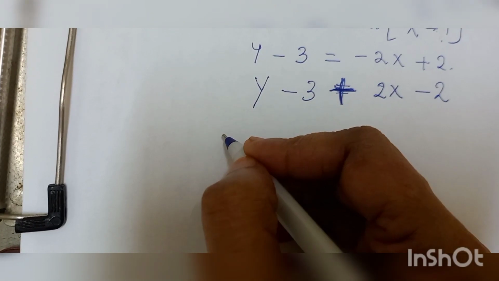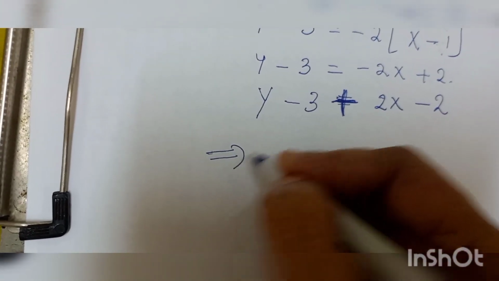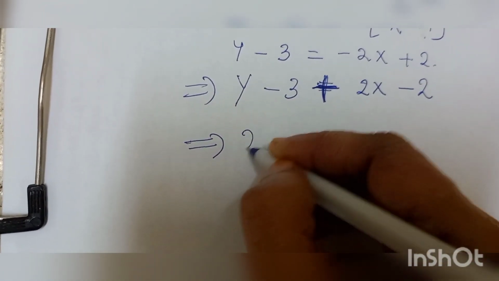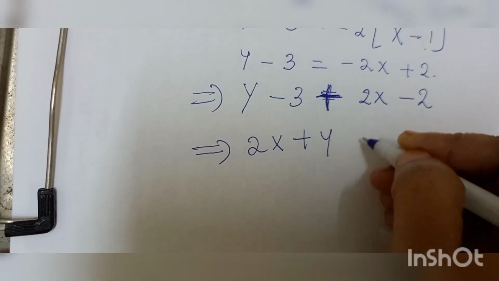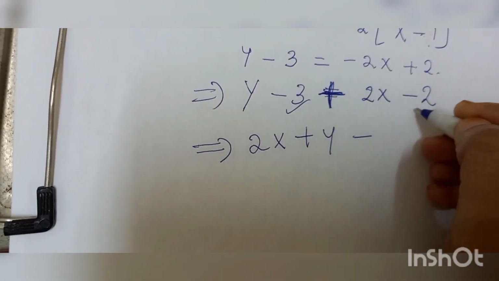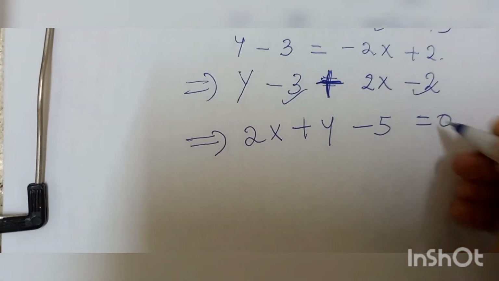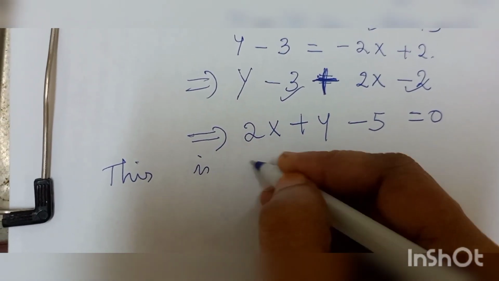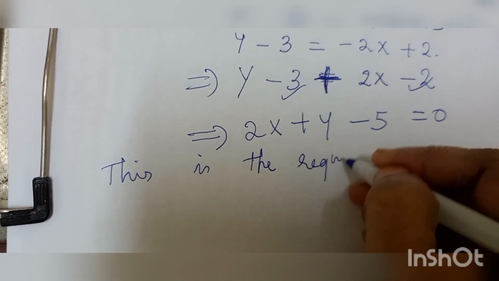So we get, arranging this equation, 2x plus y minus 5 is equal to 0. This is the required equation.